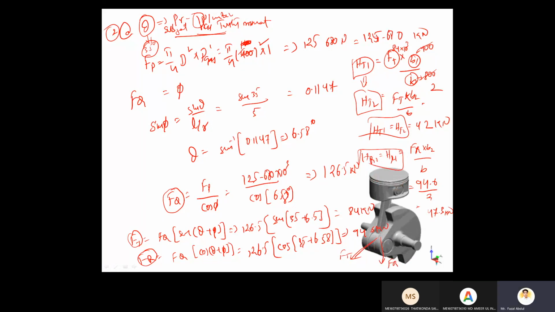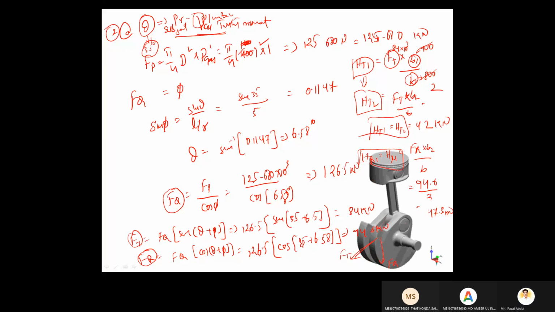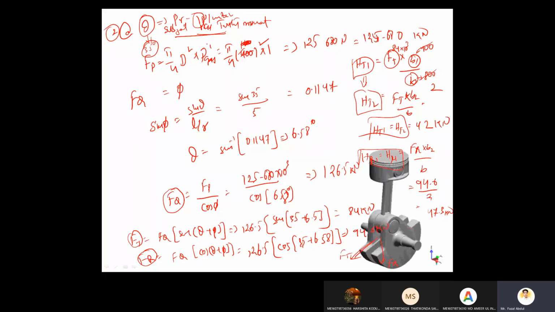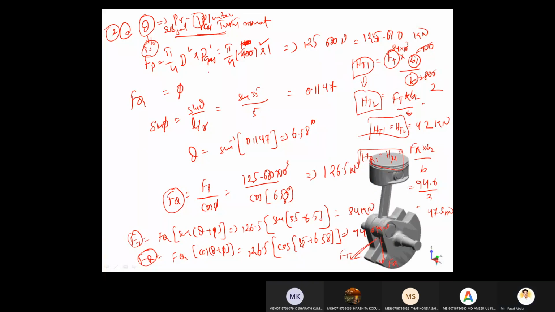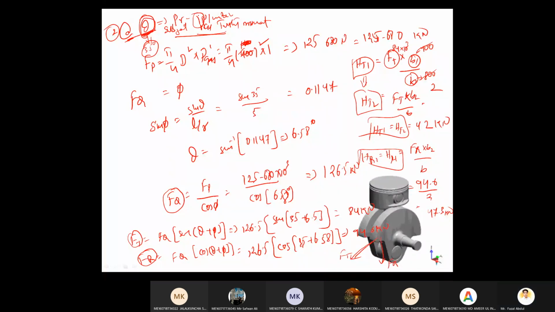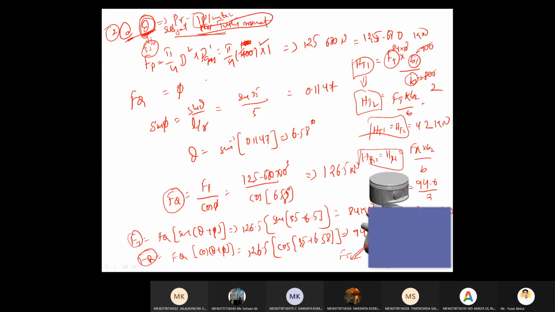The dead center criteria we completed. Now we are in the second criteria, when the crankshaft is at an angle subjected to maximum torque. That is the title here: subjecting at an angle theta, subjecting to maximum twisting moment.